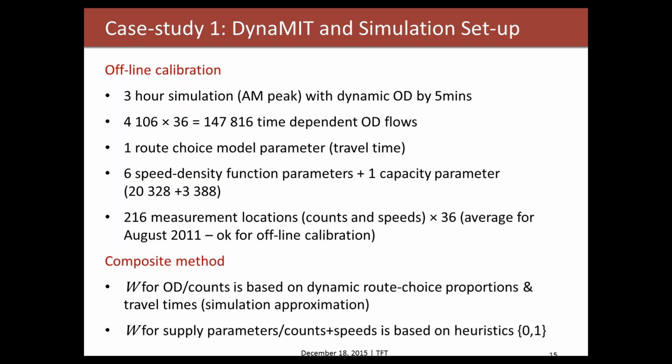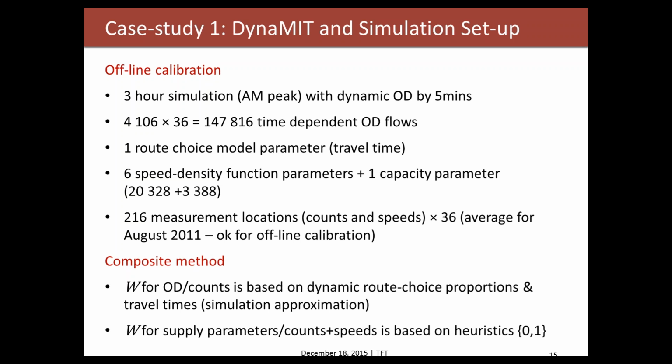And on the supply side, we had 6 speed density function parameters for each segment, and 1 capacity parameter. So this ends in a total of almost 24,000 parameters, or let's say static parameters, as I mentioned at the beginning.